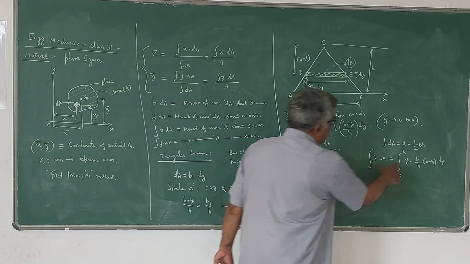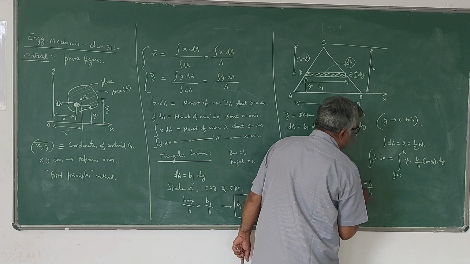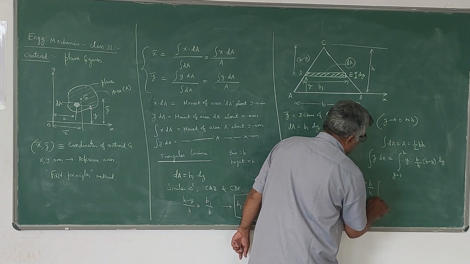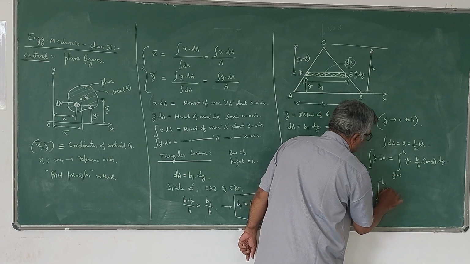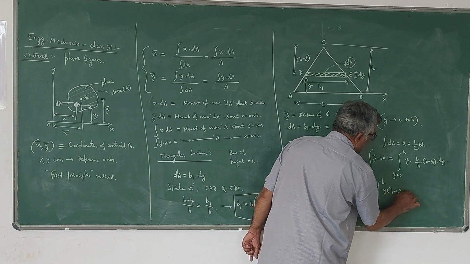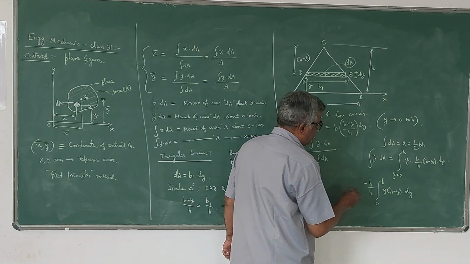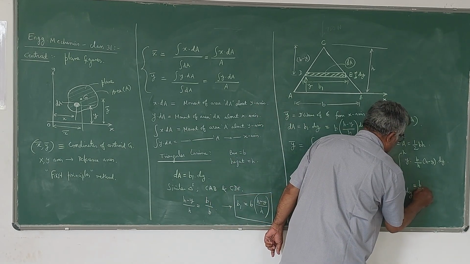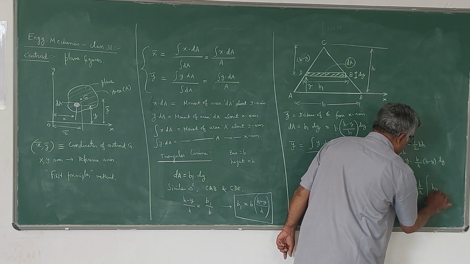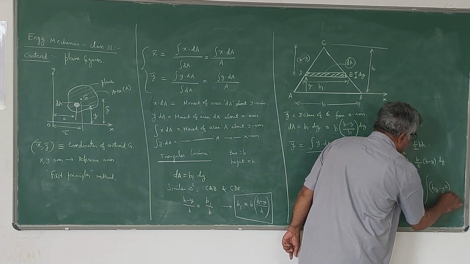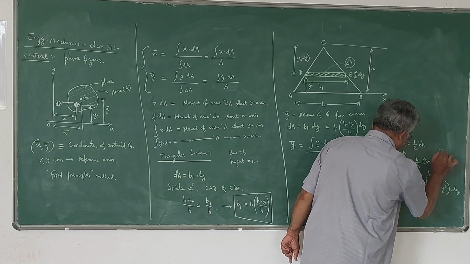Now you can take b by h outside because it is constant. b by h into integral 0 to h, y into h minus y dy. Now we have to integrate this. You get b by h into the integral of hy minus y square, just separating the terms, between the limits 0 to h.